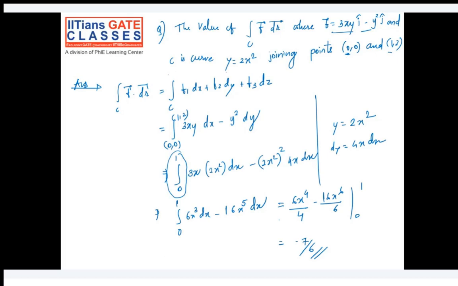The value of, similar question, integration over curve C f bar dot dr bar, okay, where f bar is equal to 3xy times i minus y square j, and C is the curve bounded by y is equal to x and y is equal to x square.